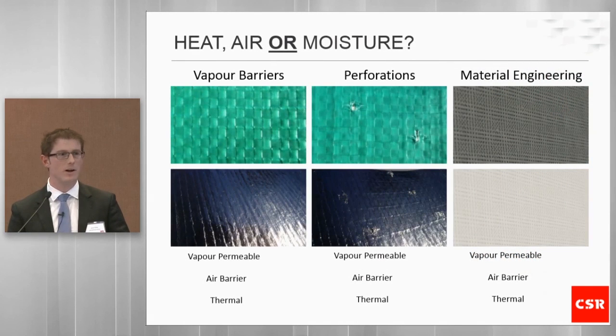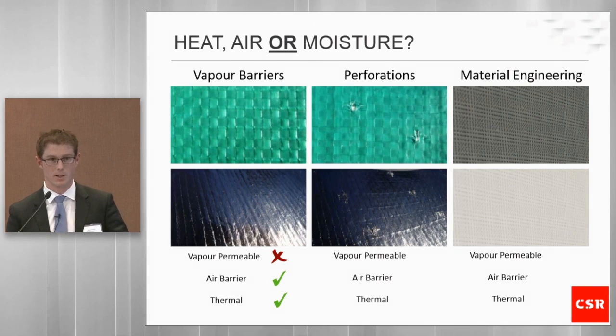So there's three main types of construction membranes on the market these days. There's vapour barriers, so basically the traditional foil face membranes. There's perforated foil membranes, and there's new generation material engineered products. So the vapour barriers, they won't allow any water vapour to transport across them.